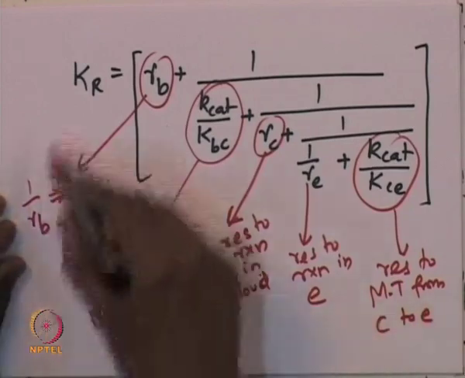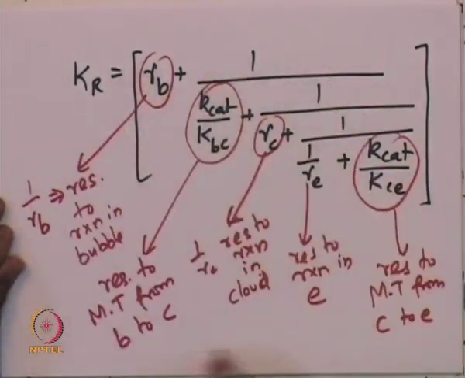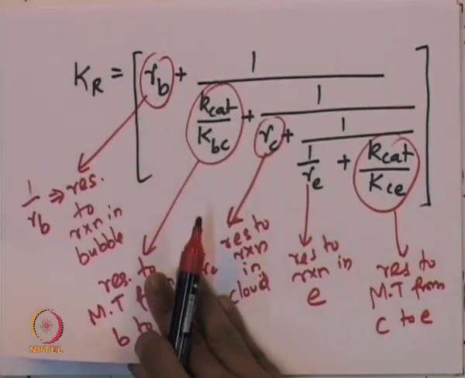So, this overall constant essentially captures all the resistances that are actually present inside this system.